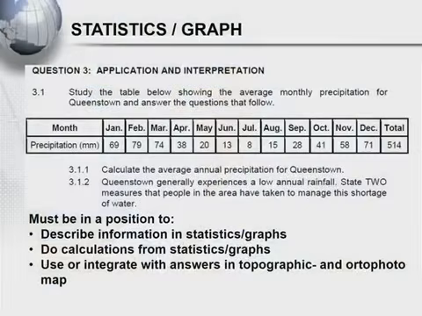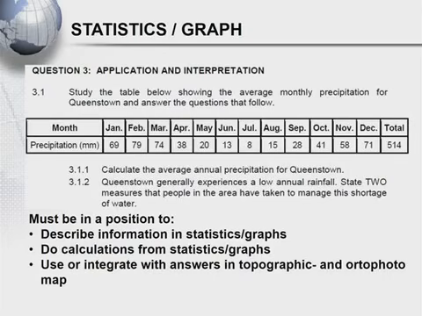Now, what is happening nowadays is that if you look at the question papers, sometimes they will also give you statistics of something in that region. Last year, for instance, they gave the average monthly precipitation for Queenstown. Remember they did Queenstown's map.